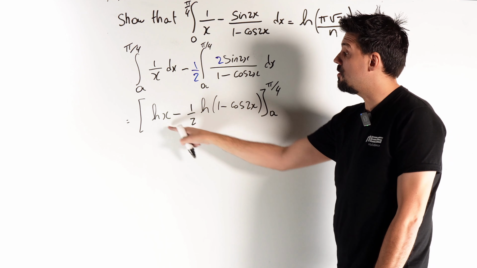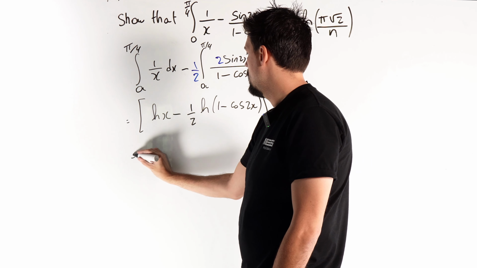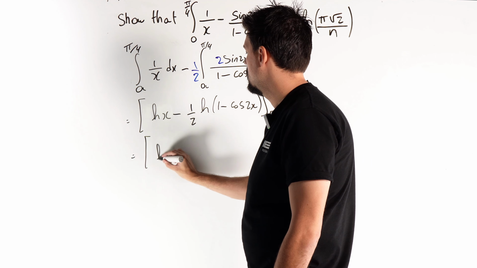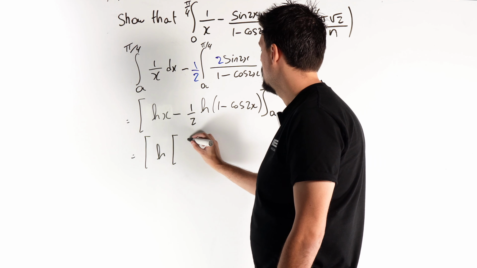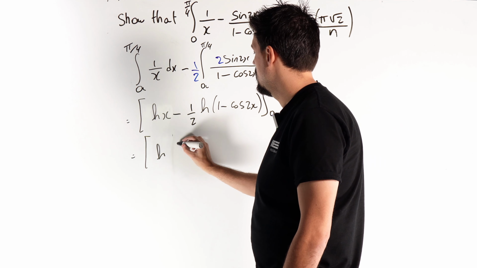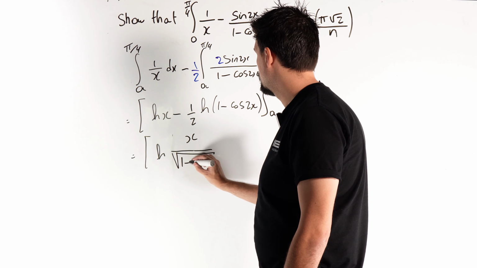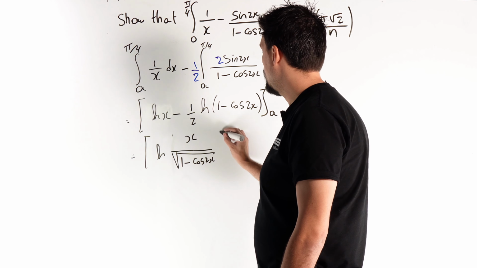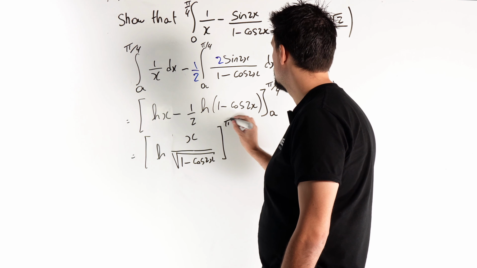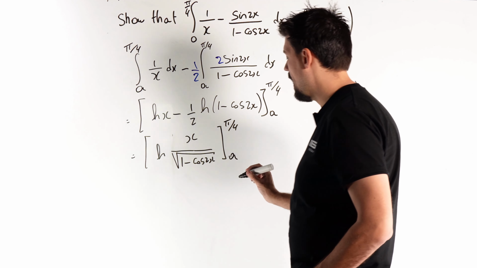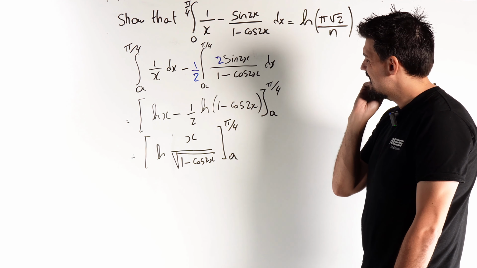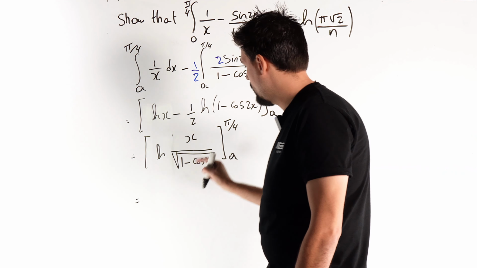The reason is I can do something with these lns, because that is ln of x over square root 1 minus cos 2x, between pi over 4 and a, which gives me, right, let's put pi over 4 in.